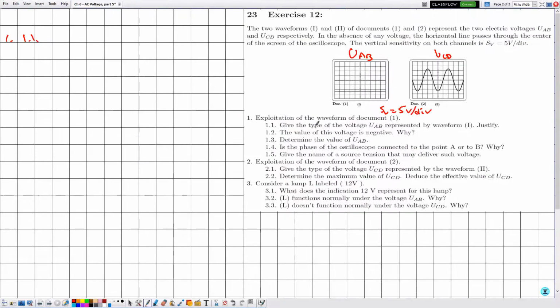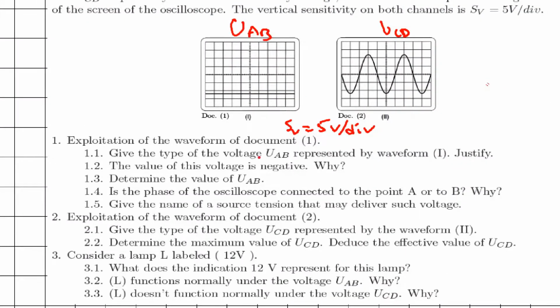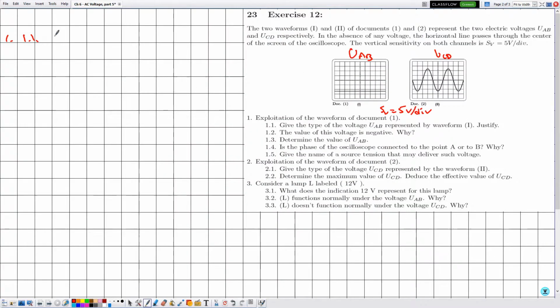They are telling me to give the type of the voltage UAB represented by waveform 1, and justify. So whenever they ask us about the type, we need to say whether it's AC or DC. Notice that in document 1, we have a horizontal luminous line, which is constant with respect to time, which means it is a DC voltage.